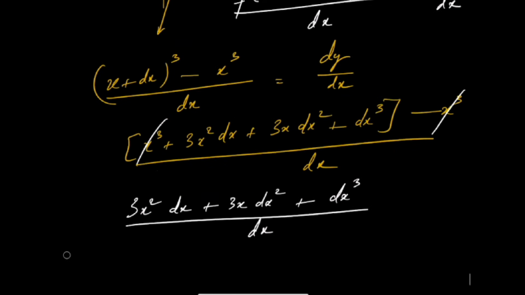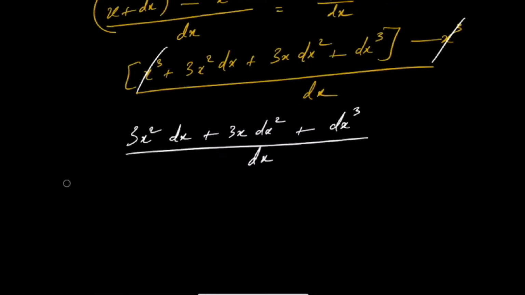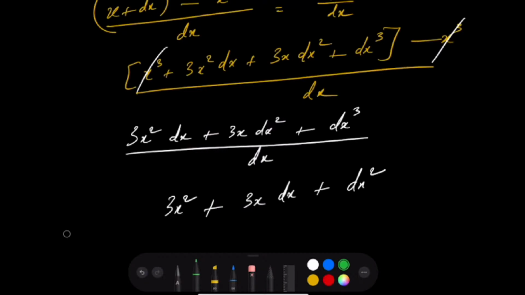So if I separate all three parts, what will I get? 3x squared plus 3x into dx, because one dx will cancel, plus dx cubed by dx, which is dx squared. Now I can neglect dx into 3x because dx is a small number like 0.000001.